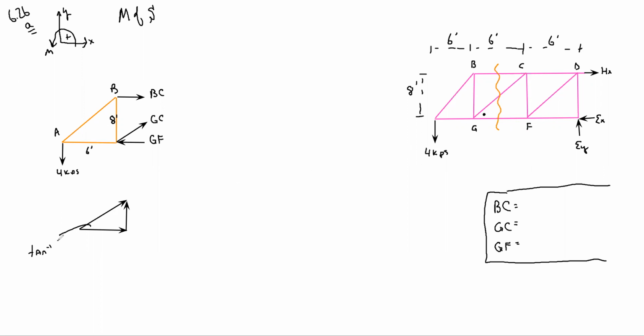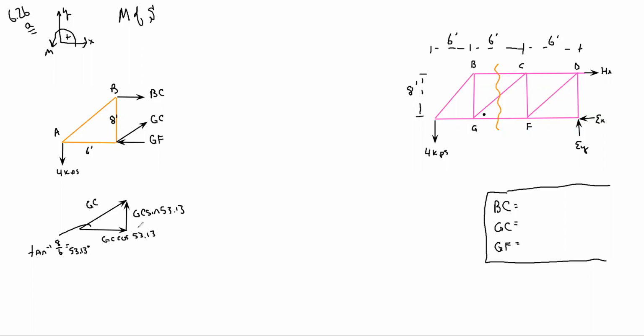So arctan of 8/6, which is 53.13. Oh, we've seen that a couple times. 4/3 is the same, that's why. So this is GC sine 53.13, and this is GC cosine 53.13.